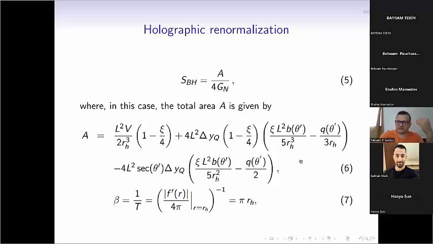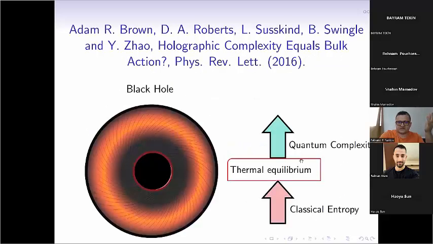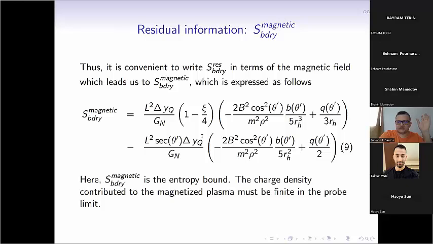And of course, we need to include the effect of the magnetic field. We did this using the Dirichlet boundary condition, right? When we perform this, it's possible to rewrite the boundary entropy in terms of the magnetic field.